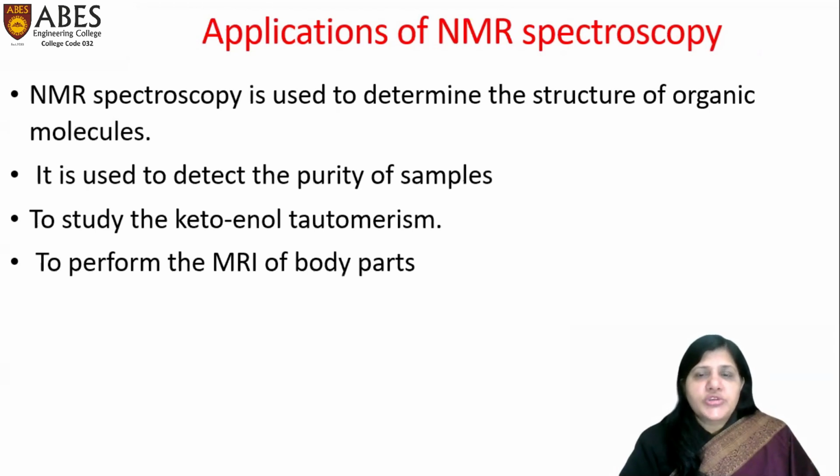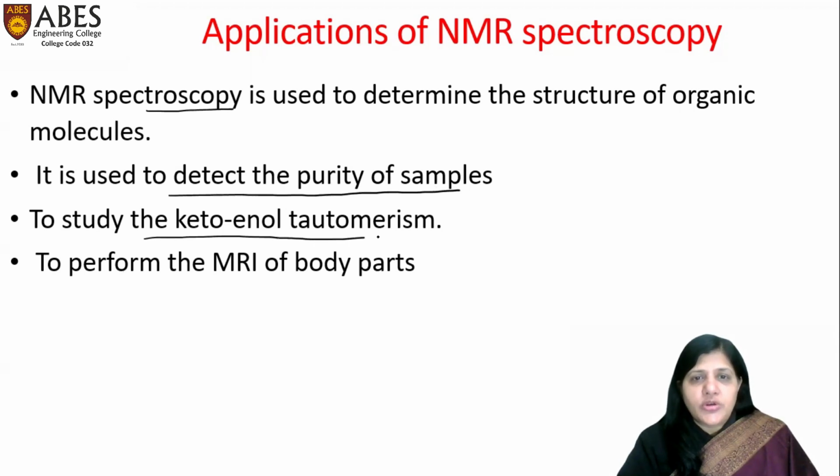Some common applications of NMR spectroscopy are that it is used to determine the structure of organic molecules, to detect the purity of samples, to study keto-enol tautomerism, and to perform MRI of body parts.